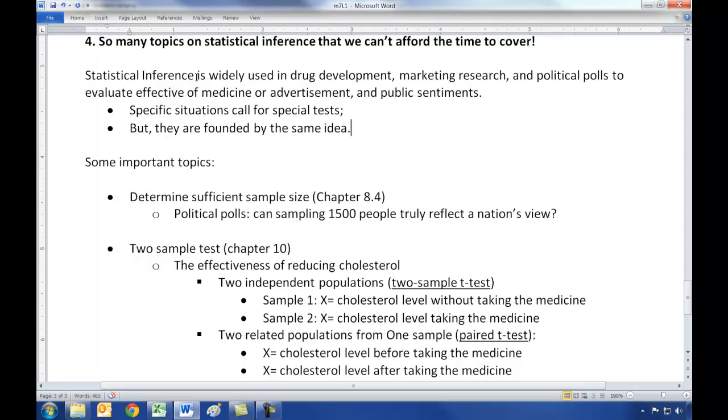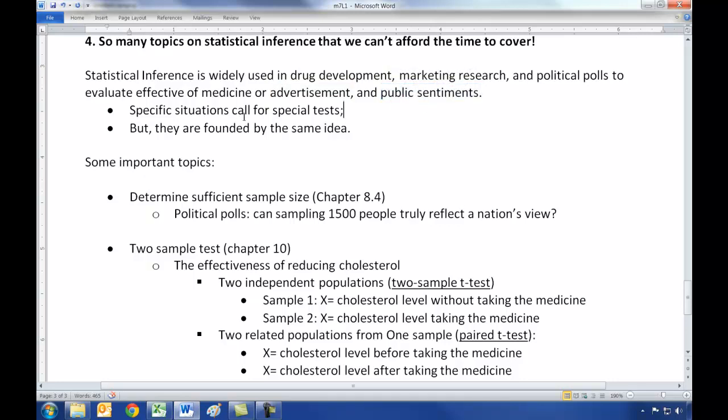Statistical inference is widely used in many applications, such as in drug development to evaluate the effectiveness of different medicines, in marketing research to evaluate the effectiveness of different types of advertisement, or in political polls to sense the public sentiments.